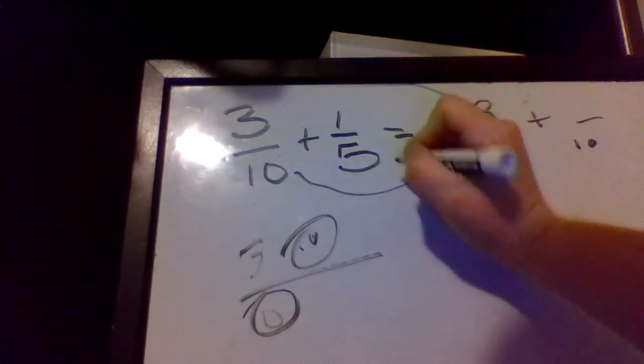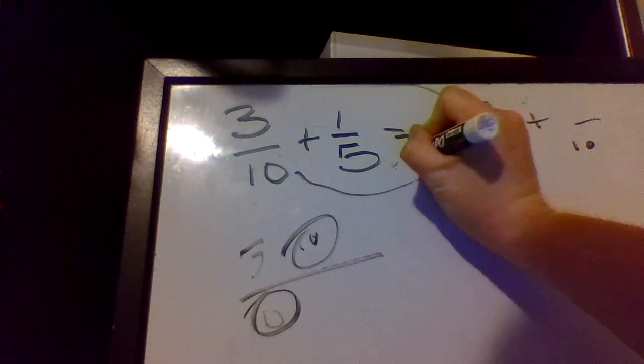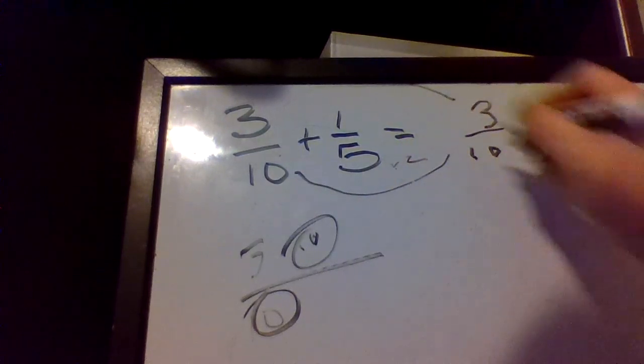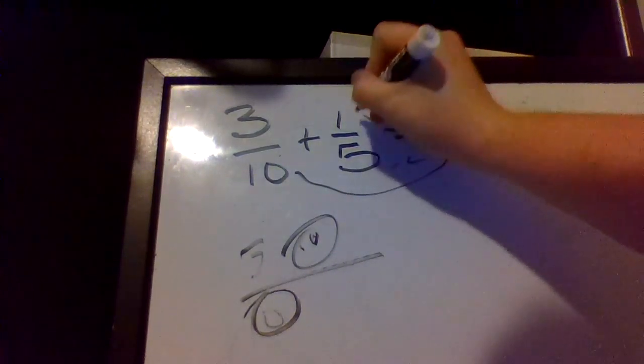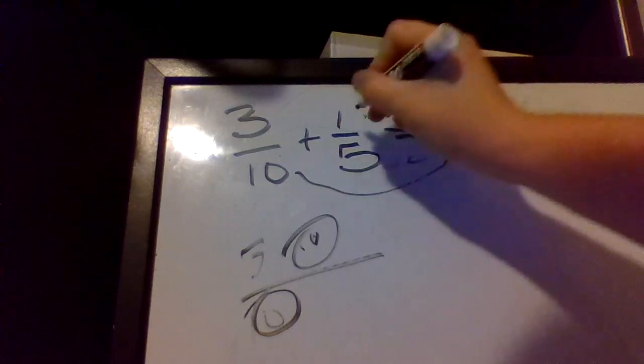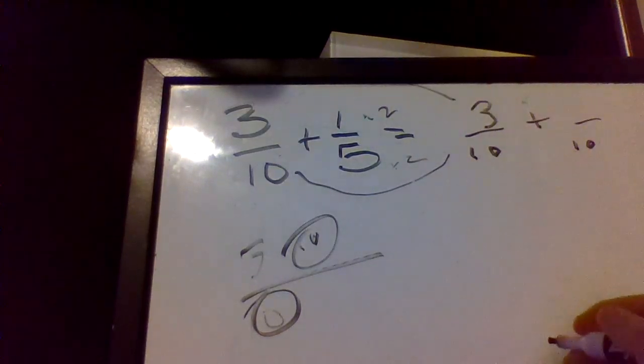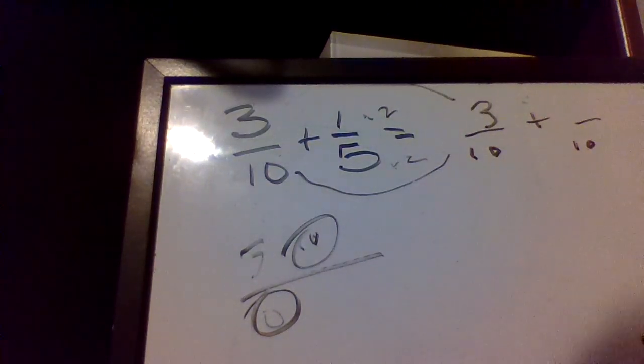So we multiplied 5 times 2 to get 10 on the bottom, so we have to multiply the top by 2. And 1 times 2 gives us what? Pretty straightforward. 1 times 2 gives us 2.